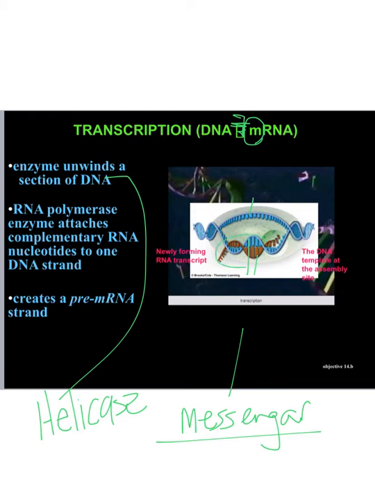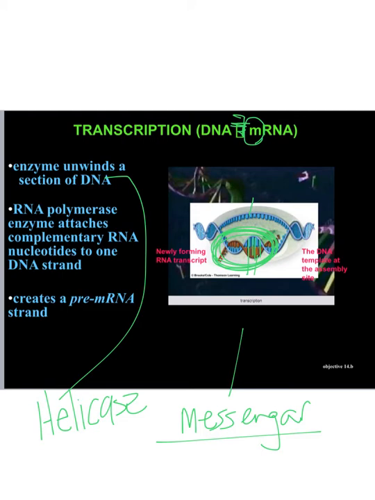If you see here, we have a blue strand, that's our DNA, and the R strand, that's our RNA. So we get this DNA-RNA hybrid where we have complementary base pairs, and that is catalyzed by the enzyme RNA polymerase.